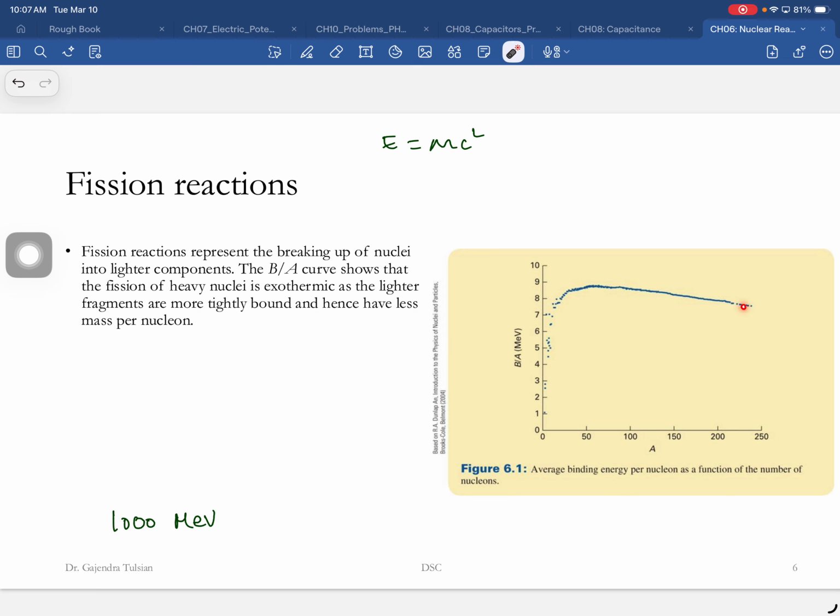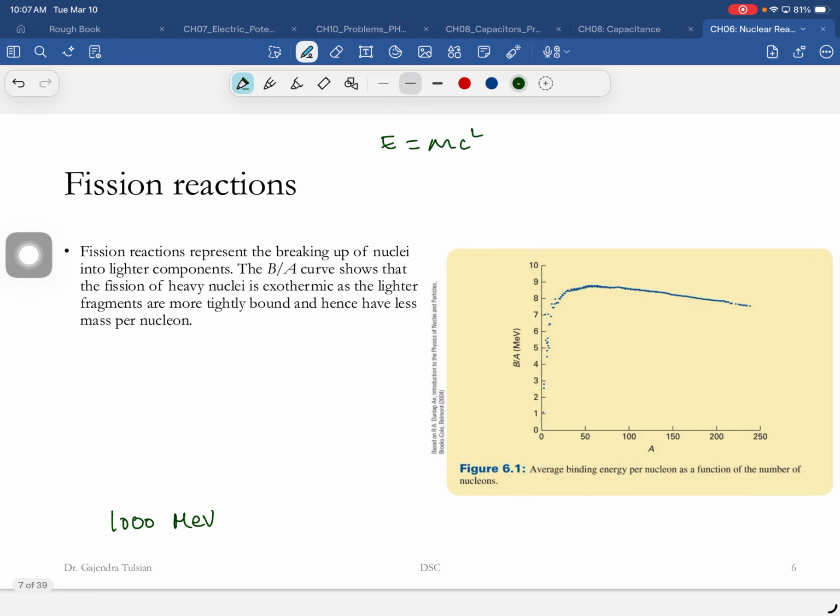In a uranium nucleus, the binding energy is 8 MeV, which means it weighs 8 MeV less. So what is the mass of a neutron in a uranium nucleus? 992 MeV.